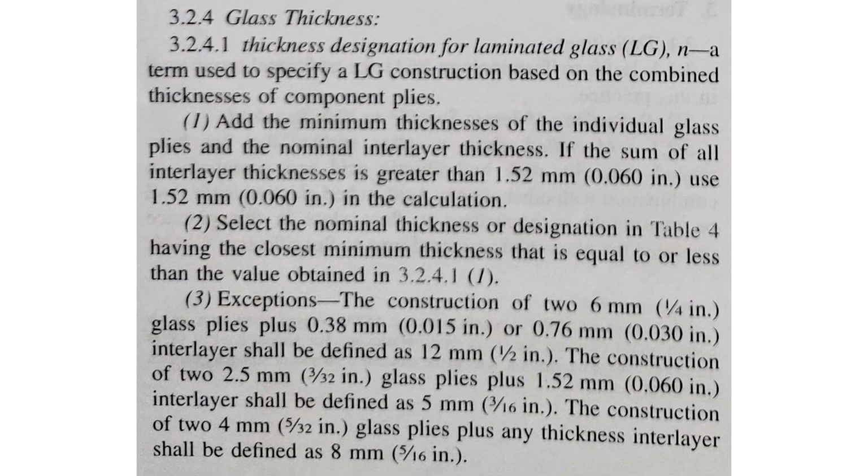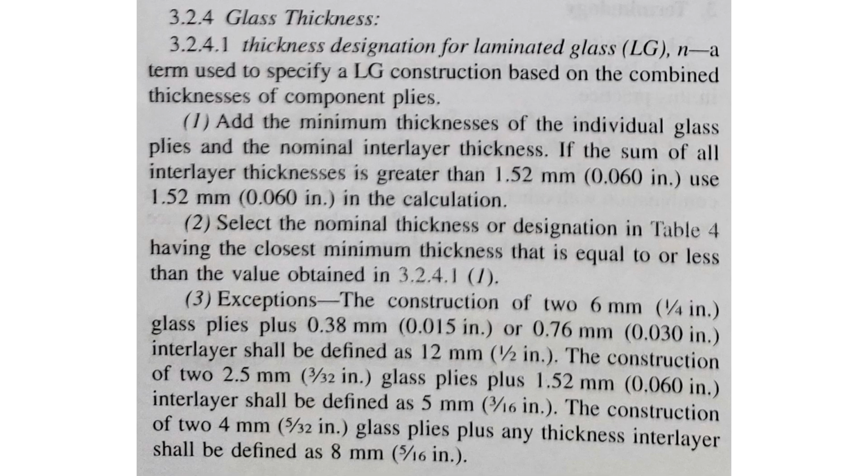If the sum of all interlayer thicknesses is greater than 60 thousandths of an inch, use 60 thousandths of an inch in the calculation. So we're probably going to be using the 60 thousandths of an inch if it's greater than that.